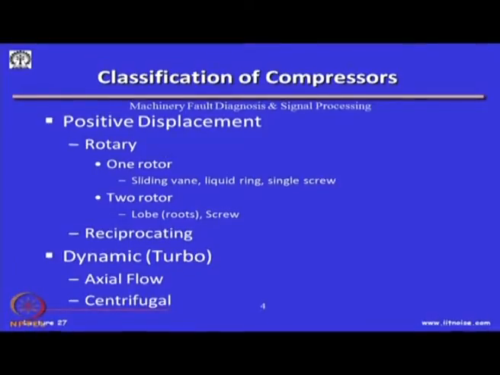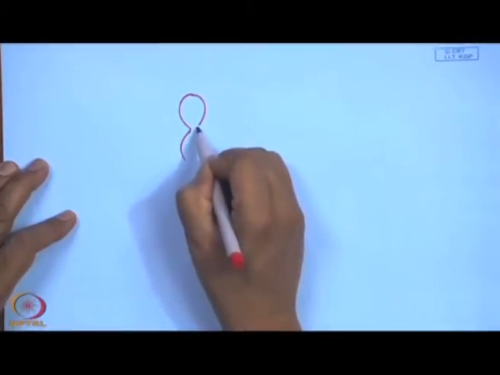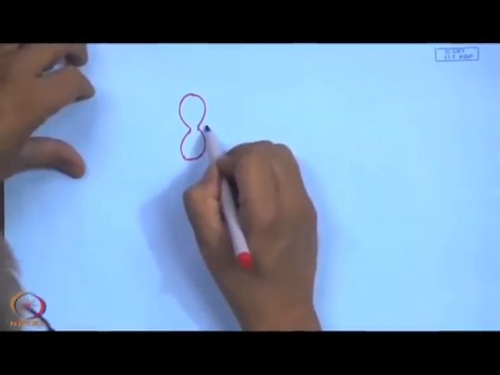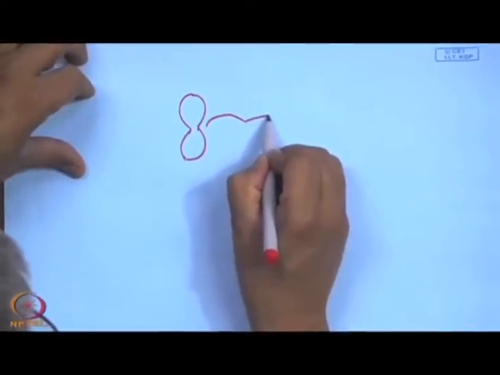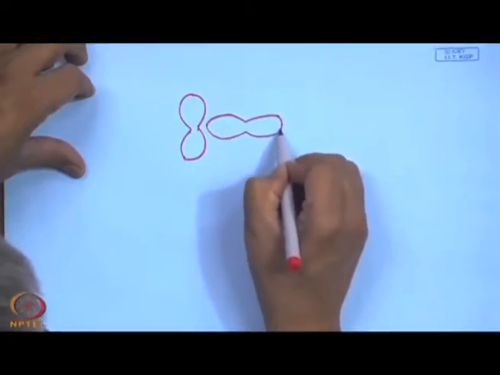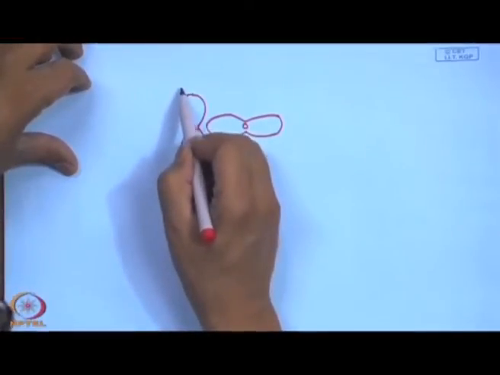And in positive displacement, basically there are lobes which look like the number 8. Okay. So, these are put in a casing.